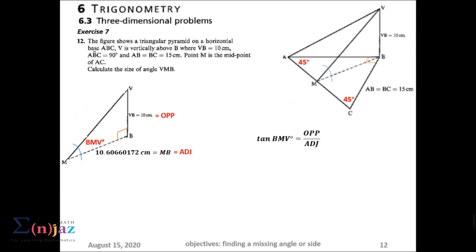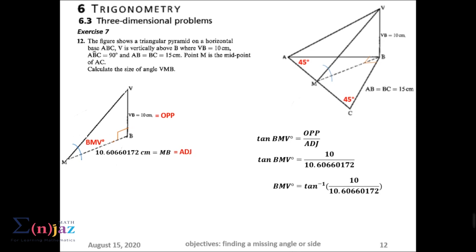Tan BMV is equal to opposite over adjacent. Let's substitute in the formula: tan of BMV is equal to 10 over 10.6. To find the unknown angle, we need to use the tan inverse rule. So BMV is equal to tan inverse of 10 over 10.6.